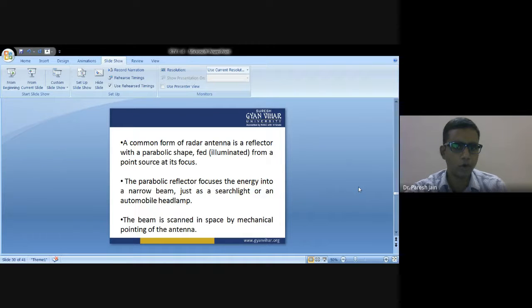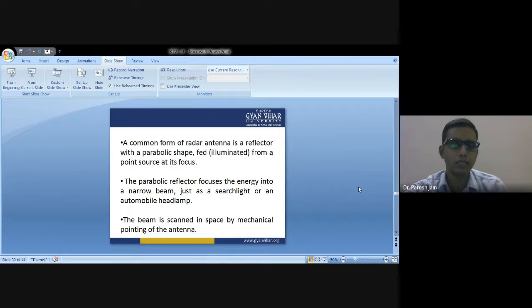A common form of radar antenna is a reflector with a parabolic shape, fed from a point source at its focus. So in the case of the radar system, we generally use reflector type, parabolic type antenna, and this parabolic type of antenna produces the pencil beam or point beam.